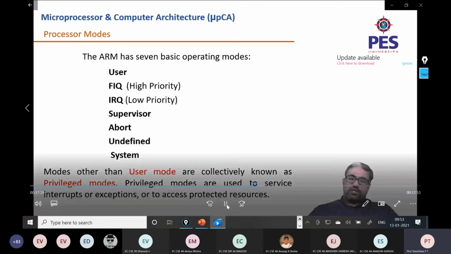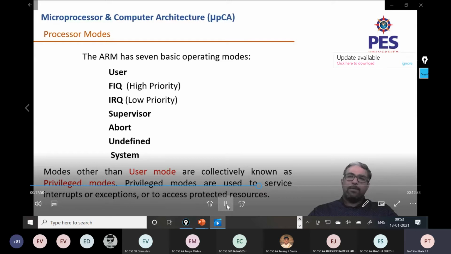On the processor, the user program will be executing, but when it comes to maintenance, when it comes to error handling, the user program may be removed from the processor and a system program may execute.